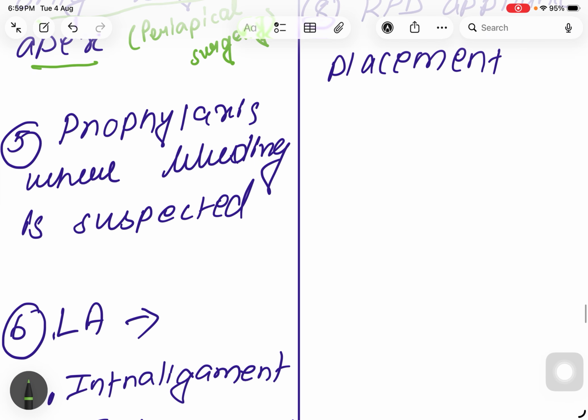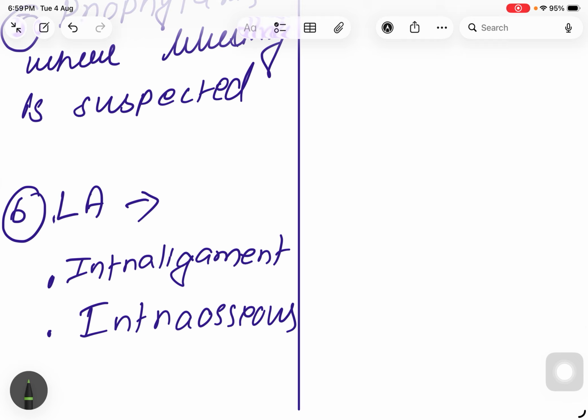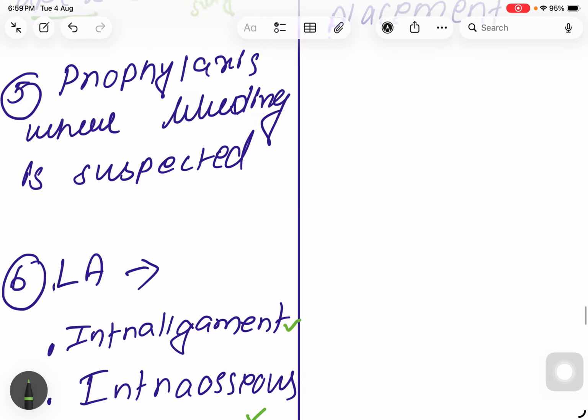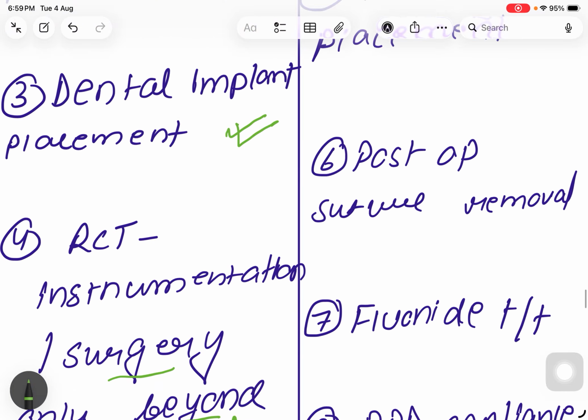Then prophylaxis, where bleeding is suspected, we are giving prophylaxis, then there is higher chance. And in LA procedures, the intraligamentary procedures and the intraosseous procedures, these two LA techniques have higher chances of getting IE. Okay, for short form I am using infective endocarditis as IE.